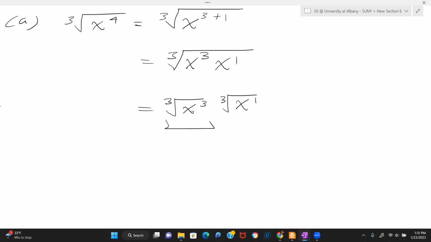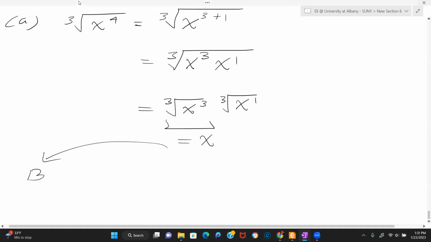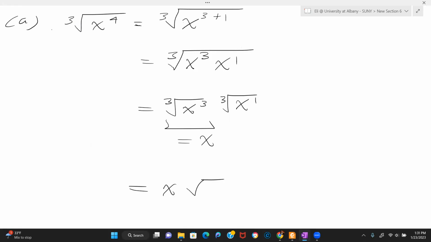But this right here is going to be equal to x, because it's kind of trivial, I won't even write it down. Why is it equal to x? Because when you raise x to the third power, you get the thing under the cube root. So that's going to be equal to just x. So this simplifies as follows. All right, so that's part A.